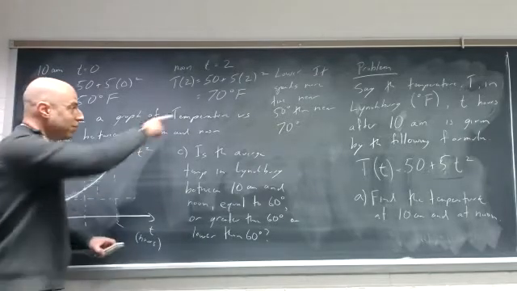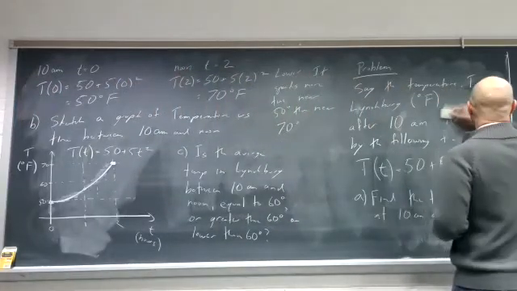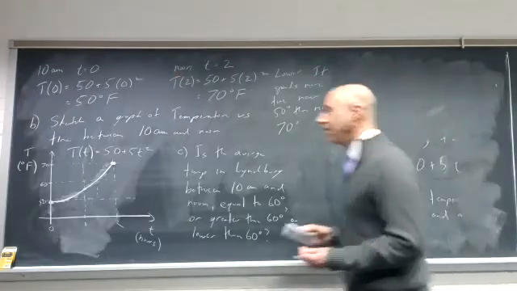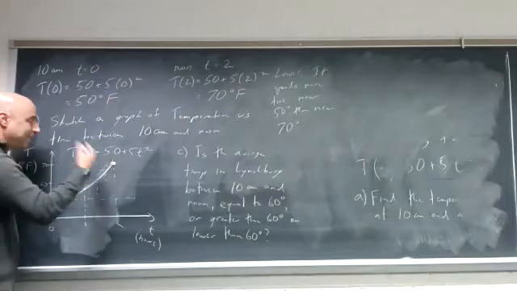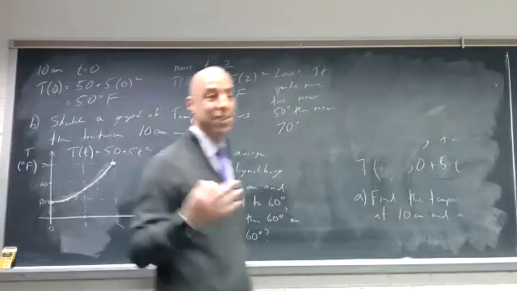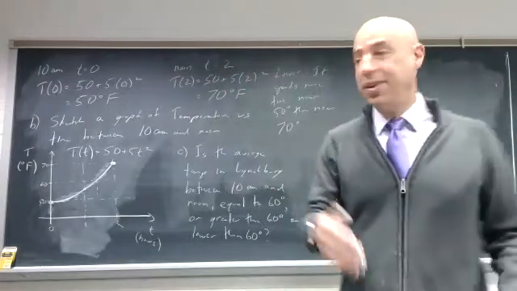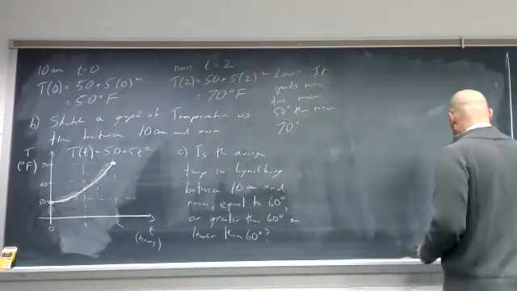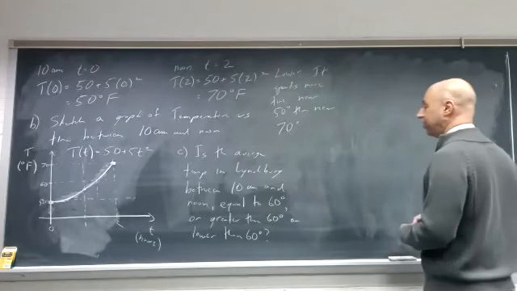So the moral of this story in part C is that if you want the average value of a function over an interval, it's not as simple as just taking the value of the function at the beginning and the end and adding them up and dividing by 2. You can't just take the beginning and the end and average them. Which of course begs the question of how do you find the average value of a function?